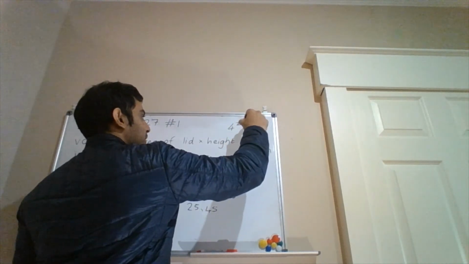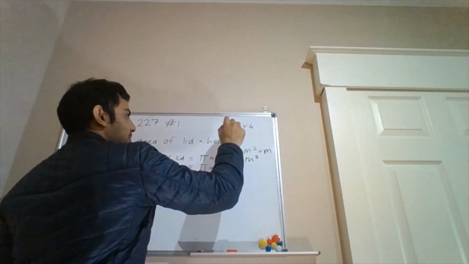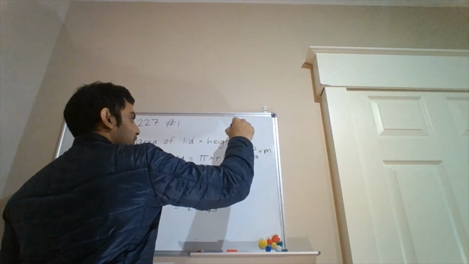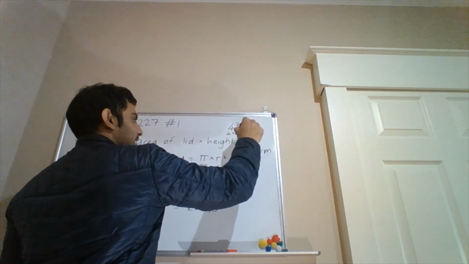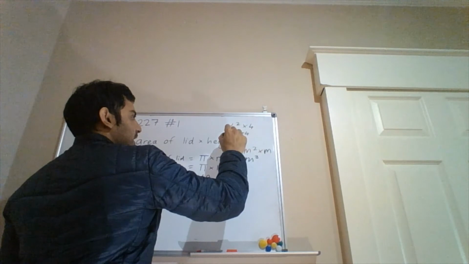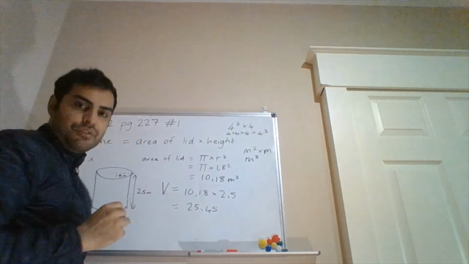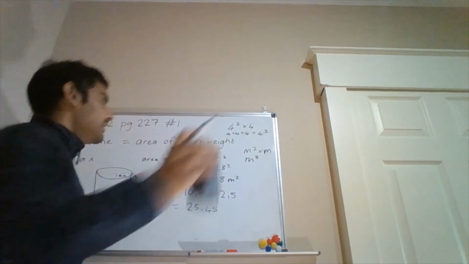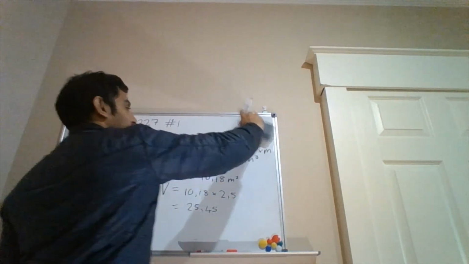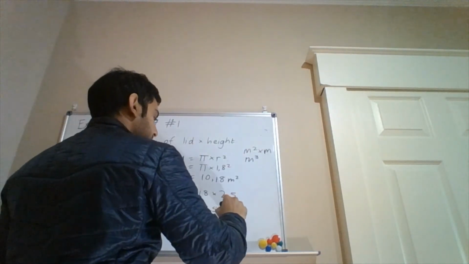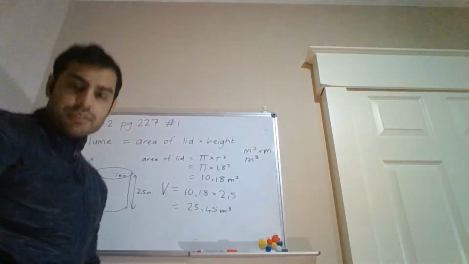If you have 4 squared times 4, we know that 4 squared is 4 times 4. And if we times it by another 4, now there's 3 of them. So that gives us 4 cubed. So that's always going to be our unit for volume. It's going to be cubed.